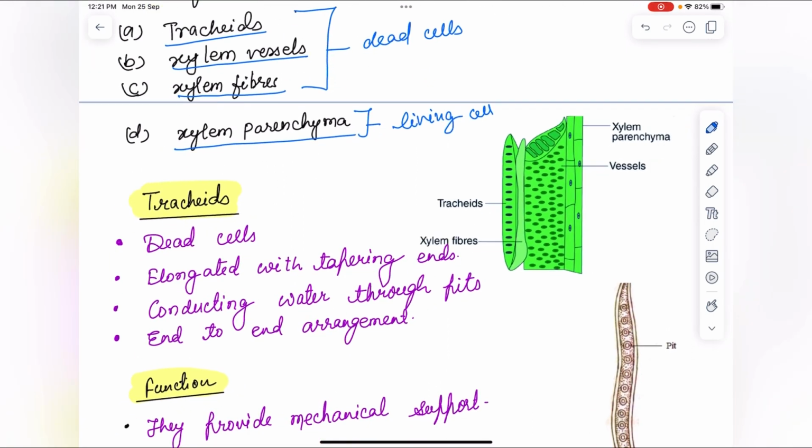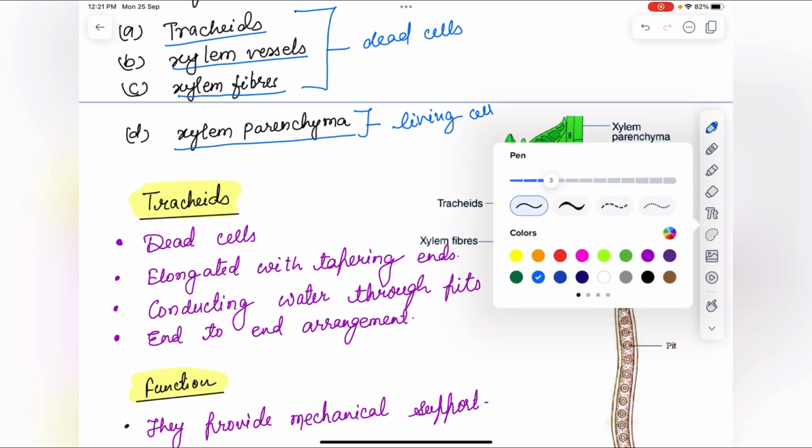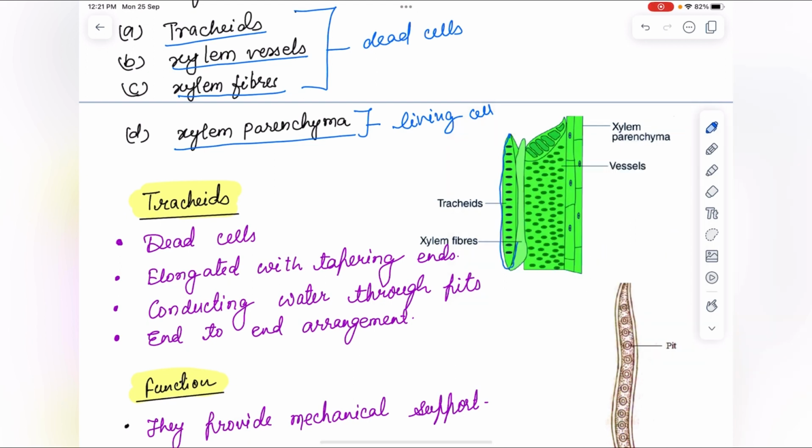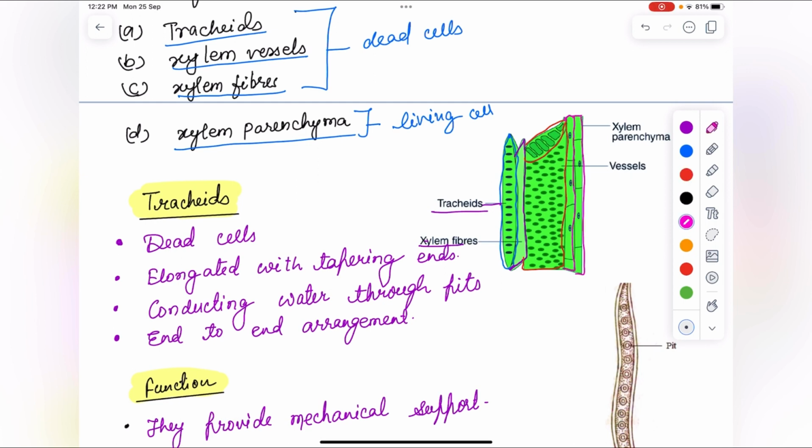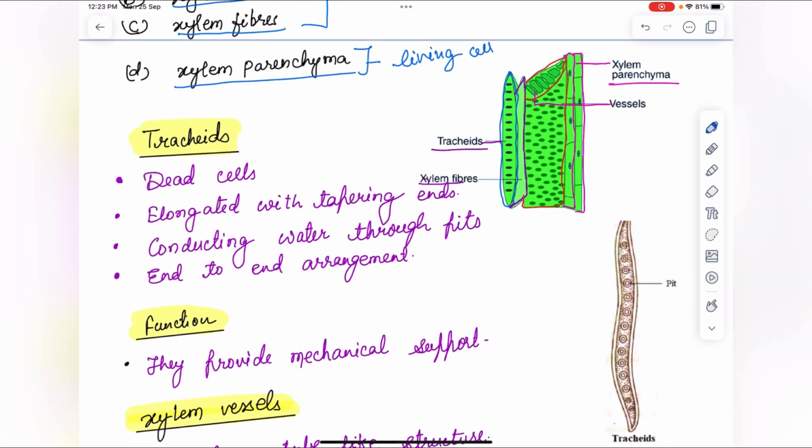This is tracheids, this is xylem fibers, this is xylem vessel, and this is xylem parenchyma. So we'll start with the tracheids.